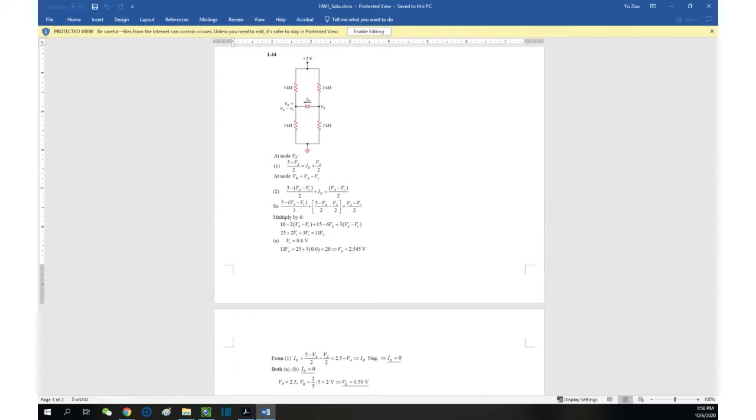If you do the analysis with the diode on and the current across the diode is negative, then you assume it's off and you open the diode. Correct. That's the logic I'm looking for in your answer.